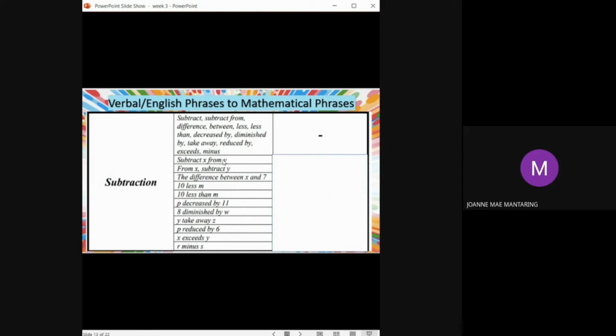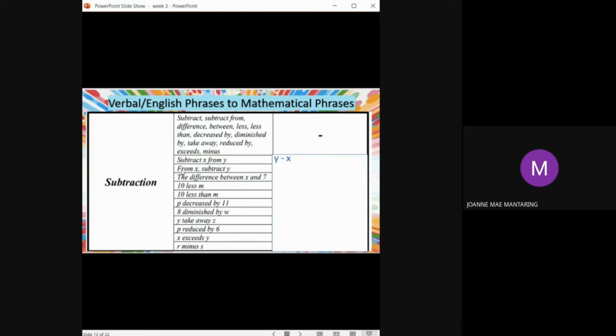Okay, let's try subtract x from y. So if you're going to subtract x from y, okay, tandaan ha, may from na naman doon. After po ng from, kung ano po yung variable or kung ano yung quantities na after nun, yun po ang unahin. So from, may y doon. So y minus x. Okay?